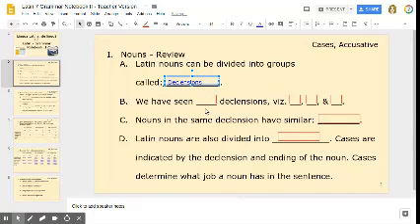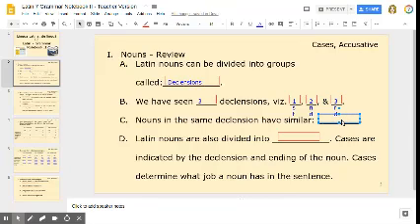We have seen three declensions, namely, VIZ is Latin for videlicet, namely, first, second, and third.